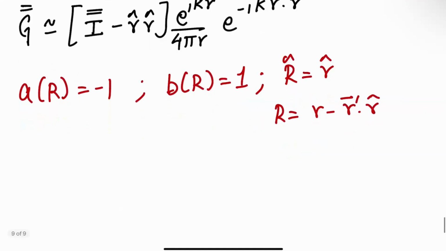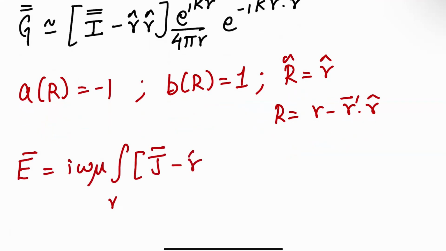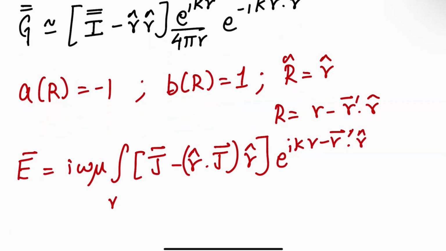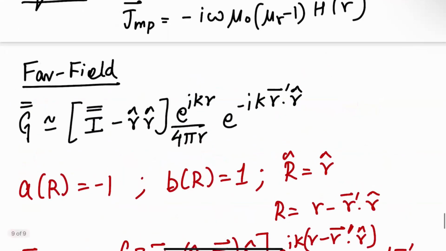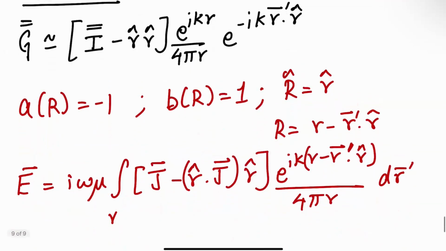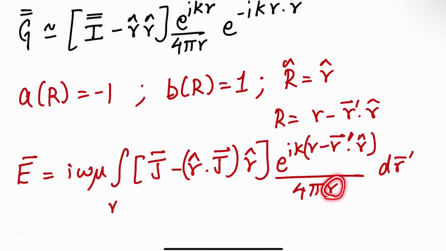Those are the approximations. Under those approximations, the electric field becomes i omega mu volume integral of [J minus r hat (r hat dot J)] e to the ik (r minus r prime dot r hat) divided by 4 pi r, dr prime. In the denominator, the capital R just becomes r, because in the amplitude we can also ignore this factor.